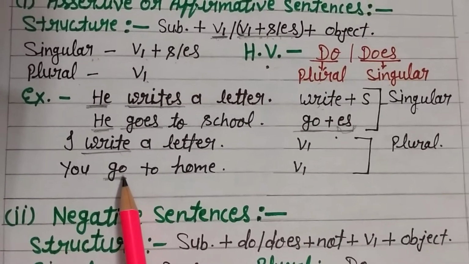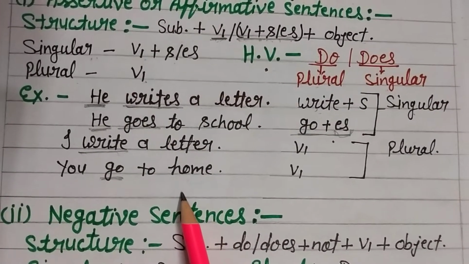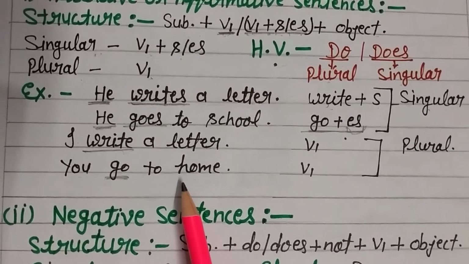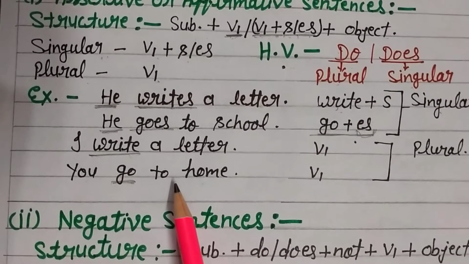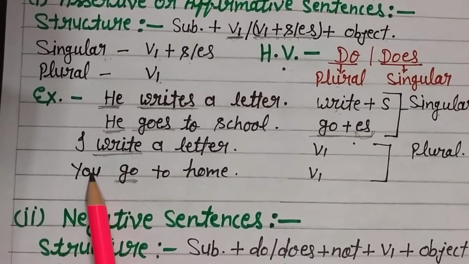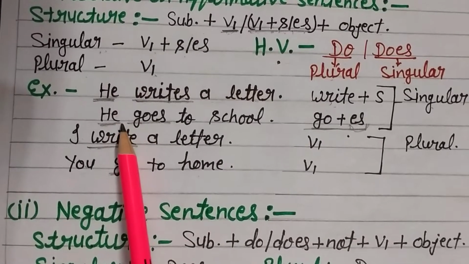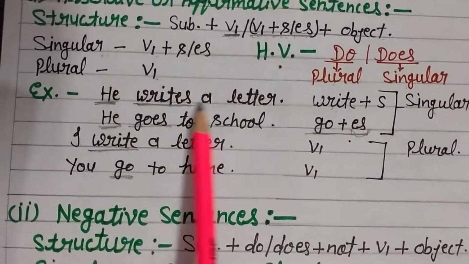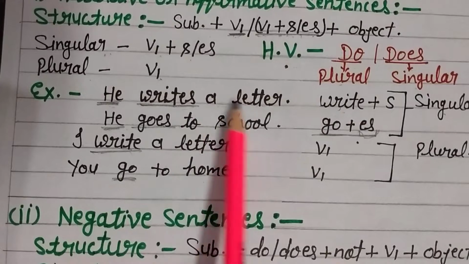So students, you just remember in singular subject or noun we use verb's first form with s or es. Okay, with plural number or subject we do not use s or es. We use only verb's first form. Here you can see I and you. These are plural nouns and he is the singular noun. We can say she writes a letter, he writes a letter, Ram writes a letter, Ria writes a letter.